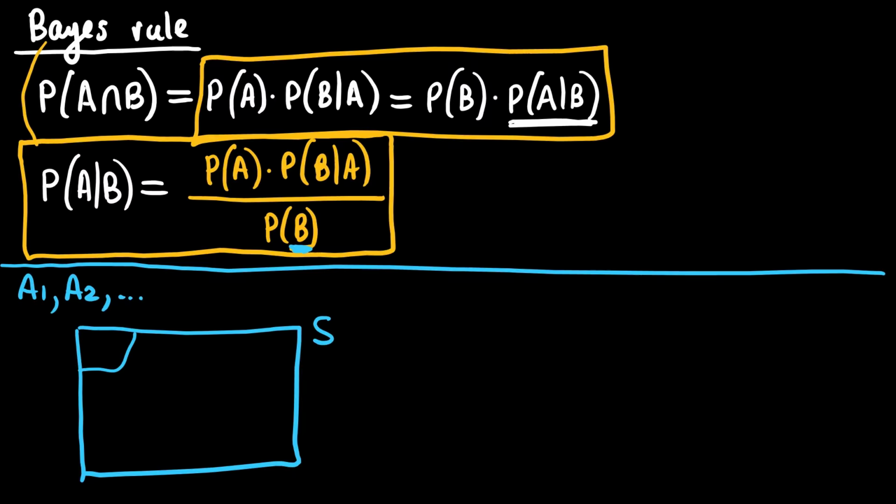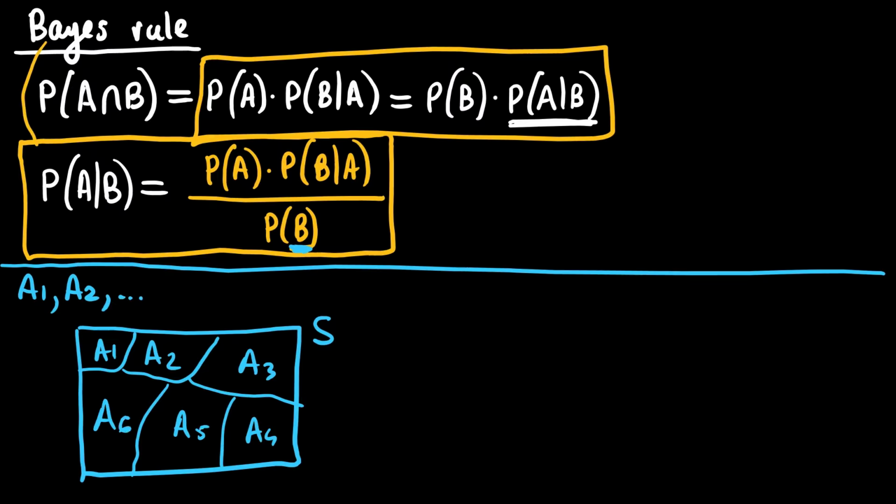Suppose that we had this partition, and I'll just use only a few sets here. The collection of these 6 sets represents a partition. They're all pairwise disjoint. Their union is the sample space. And then we have a set of interest, B. So this is our set B. Then B intersection with A2 is this chunk. B intersection with A1 is the empty set.